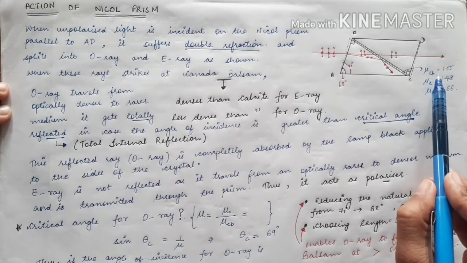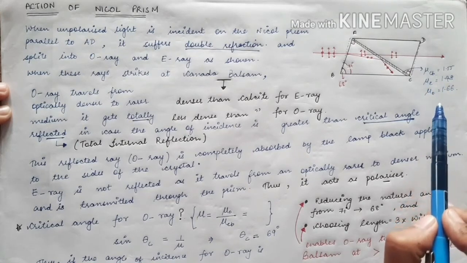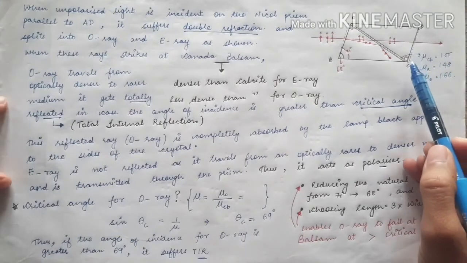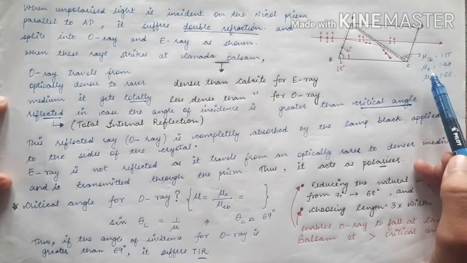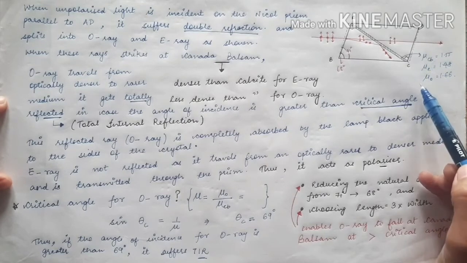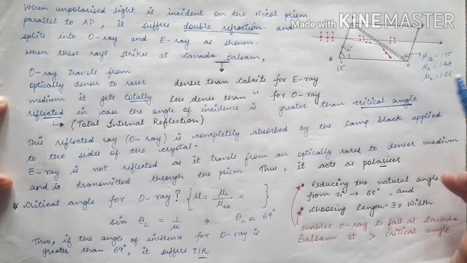So the Canada balsam layer is denser than calcite for the E ray, but it is rarer than calcite for the O ray.